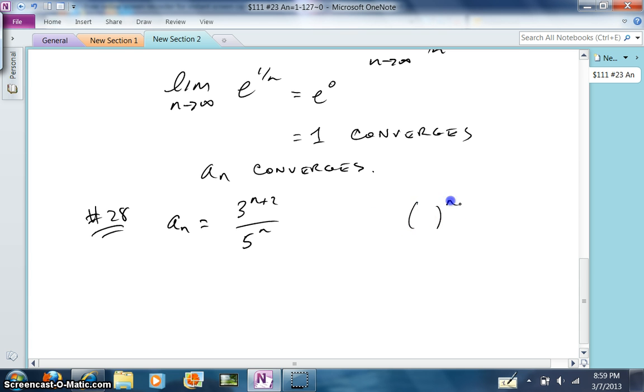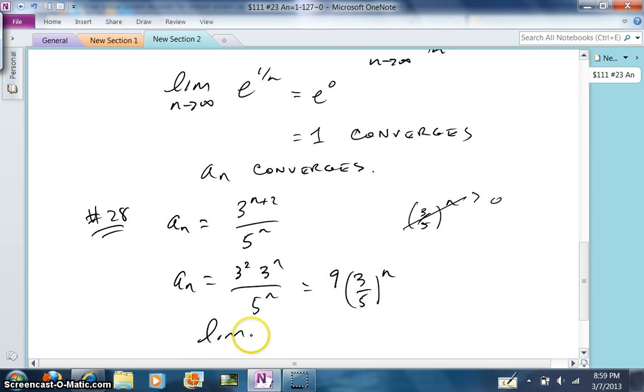Okay, so the way I think of this is I'm keeping in the back of my mind that if I have a fraction to a power, like 3/5, for instance, that's something I can deal with. This goes to 0. Since I can get a handle on this, I want to turn this into the 3/5 to the n. So I'm going to rewrite this as 3 squared times 3 to the n over 5 to the n, and that is equal to 9 times 3/5 to the n.